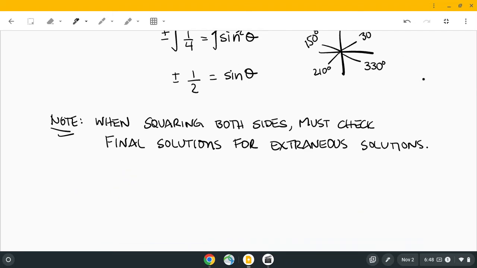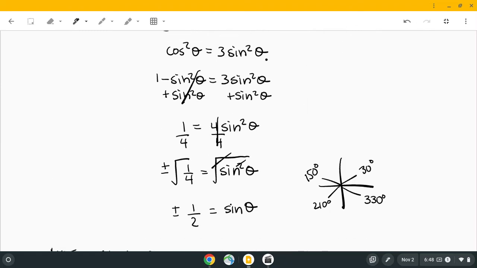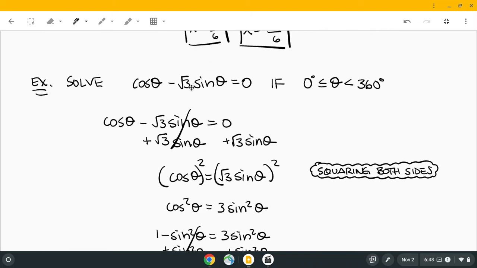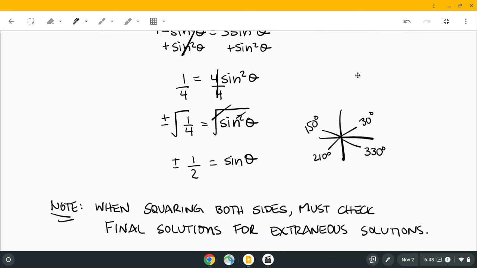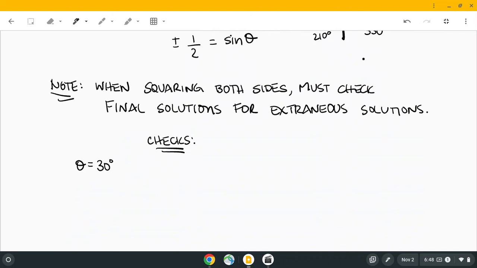Okay, so let's do our check. Theta equals 30 degrees. All right, so go back to the original problem, which says cosine theta minus square root 3 sine theta equals 0. So cosine 30 degrees minus square root 3 sine 30 degrees, and we want to know, does this equal 0?